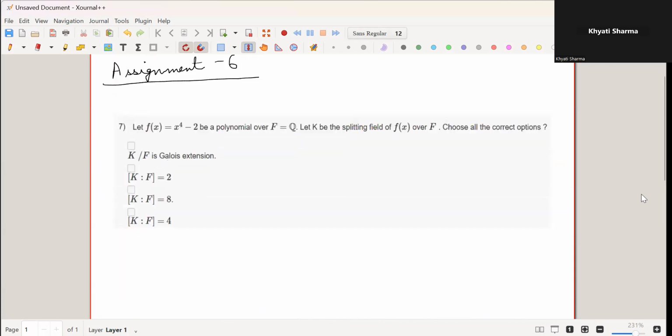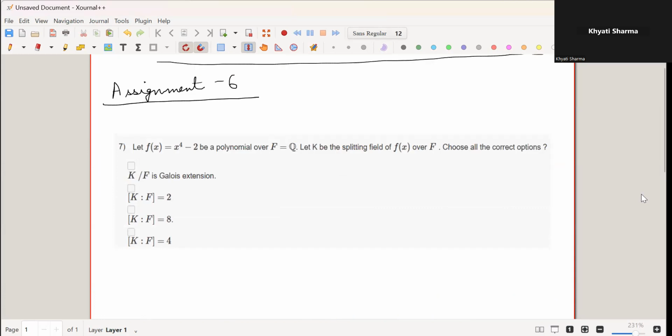Let's start with problem number 7. It says f(x) is x^4 minus 2, a polynomial over the field Q, and K is the splitting field of f(x) over F. We have to choose the correct options. First is K over F is a Galois extension. This is easy to see; we have already seen such questions. Why is it normal? Because K is the splitting field of f(x).